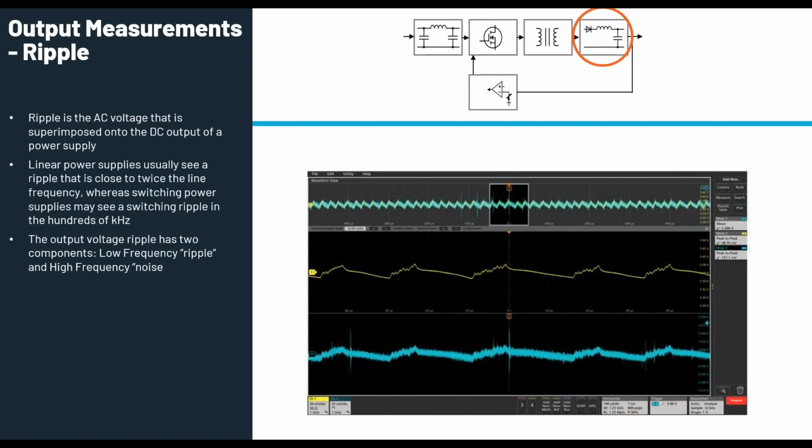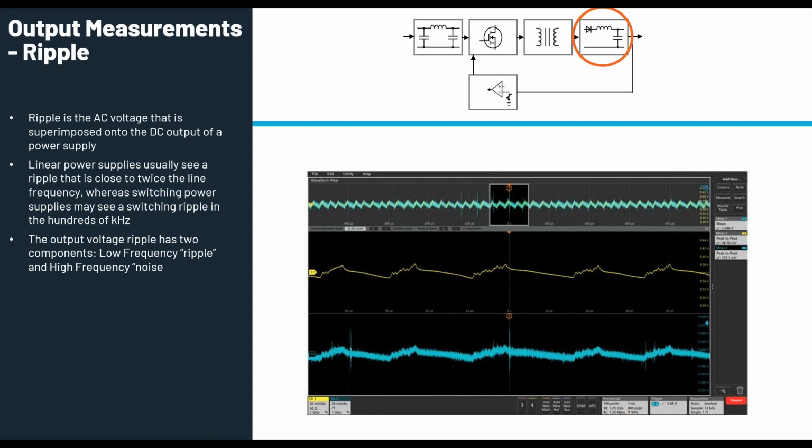We have spoken about the first three stages. Now the last stage, the important measurement for the last stage, which is ripple. The output measurement section: when you have an SMPS circuit, let's say you are converting AC to DC, and you want as stable a DC power as possible. But in the real world, it won't be as clean as we want.